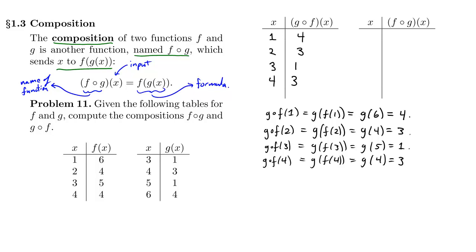Therefore, g composed with f of 4 is 3. So we've written out our table for g composed with f. Notice that the inputs of g composed with f are inputs of f, and the outputs of g composed with f are outputs of g.